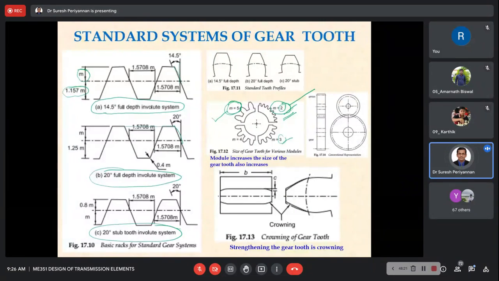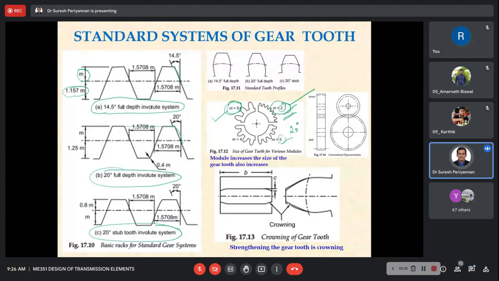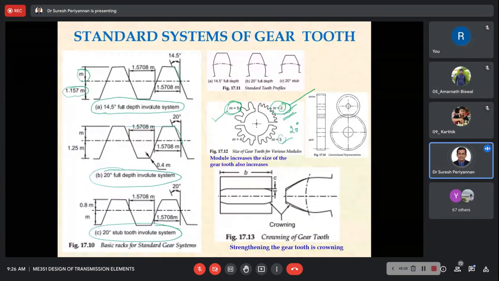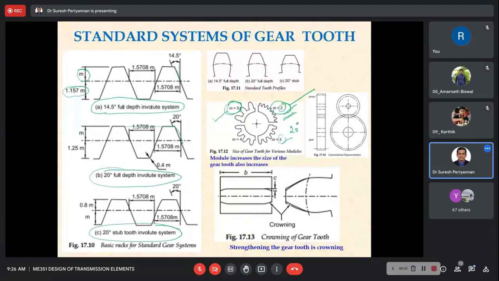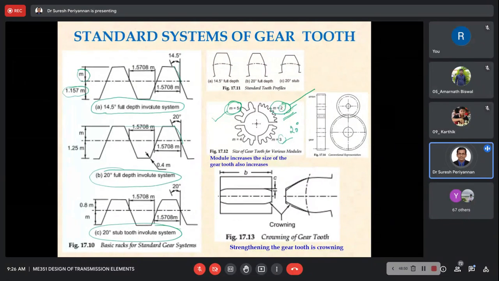So, mostly the 20-degree pressure angle is a good compromise for most power transmission gear design. And also, the 20-degree pressure angle reduces the undercutting and reduces the interference.